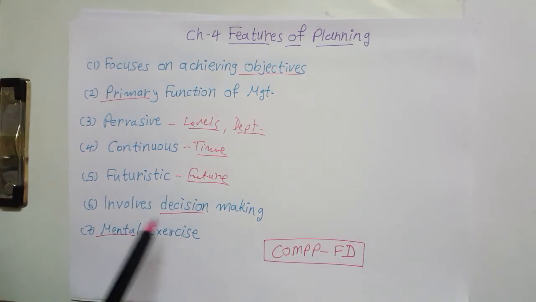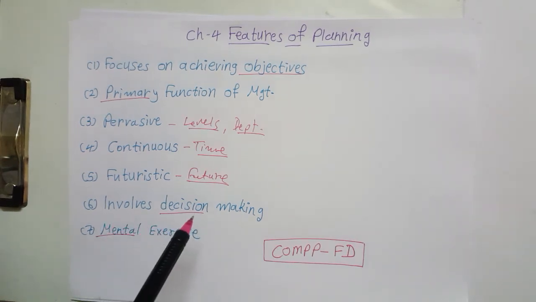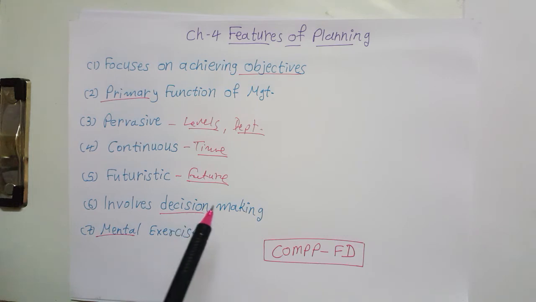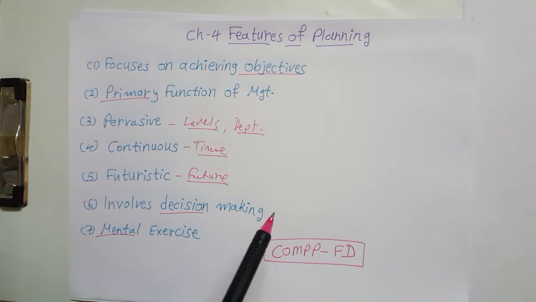Next one is planning involves decision making. As we know, we have limited resources, and resources have multiple uses, so we have to decide in which way we have to use these resources.